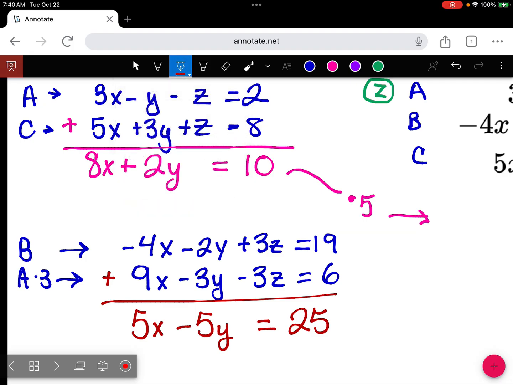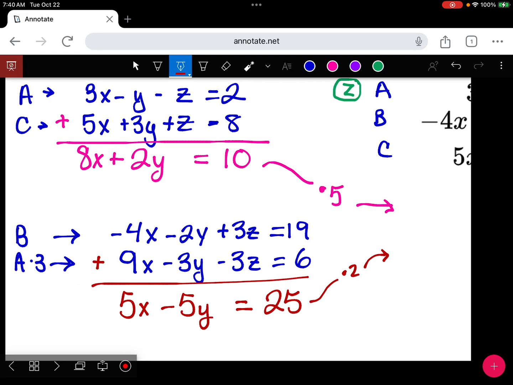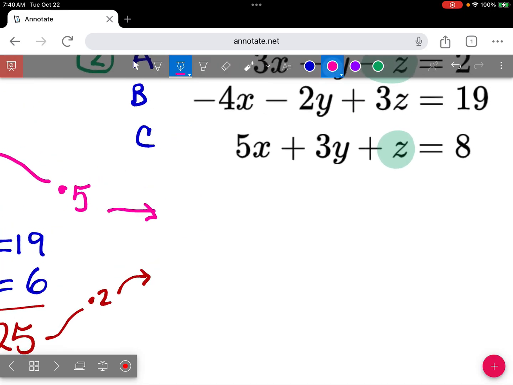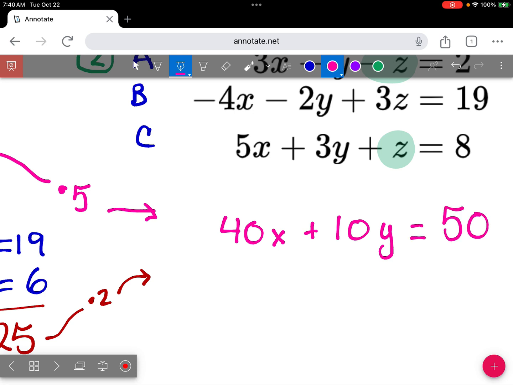Yeah, and I multiply the red one by 2. What we're going to have is 8x times 5 gives me 40x plus 5 times 2y gives me 10y, and 10 times 5 gives me 50.